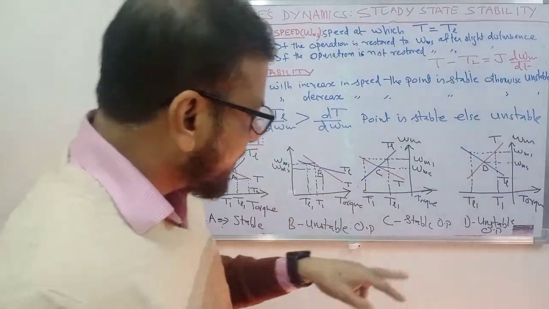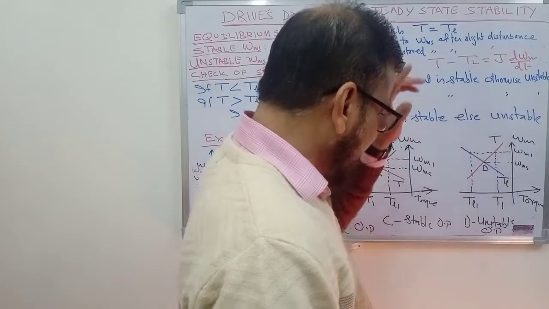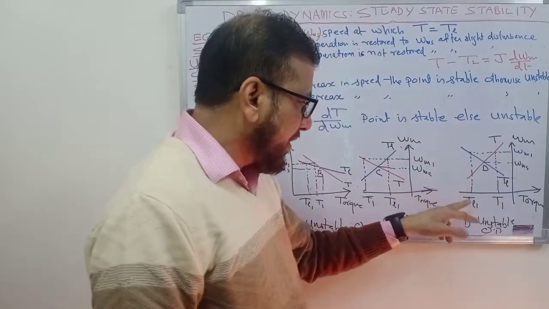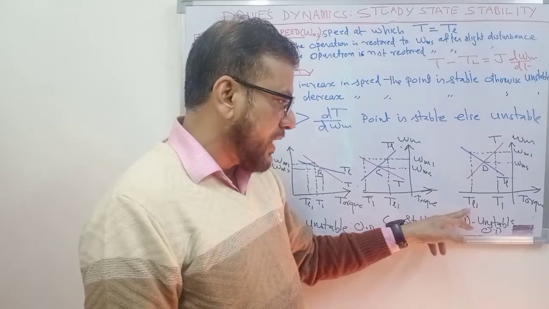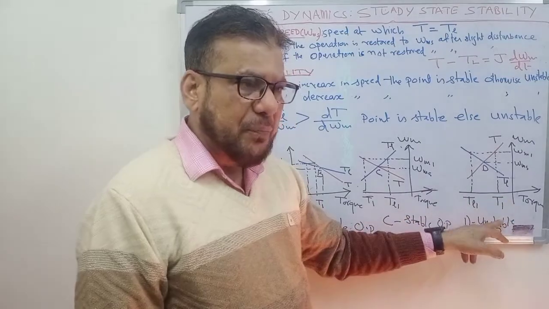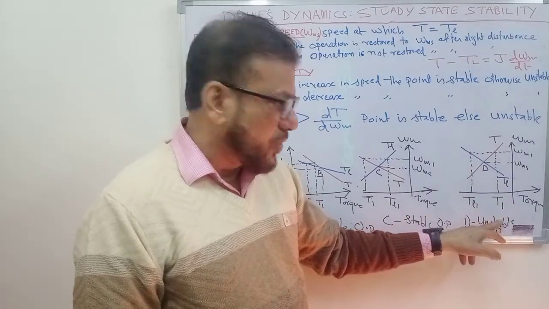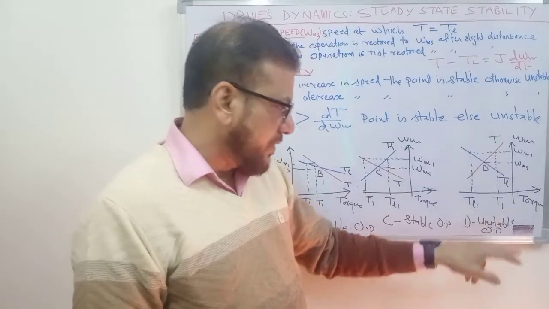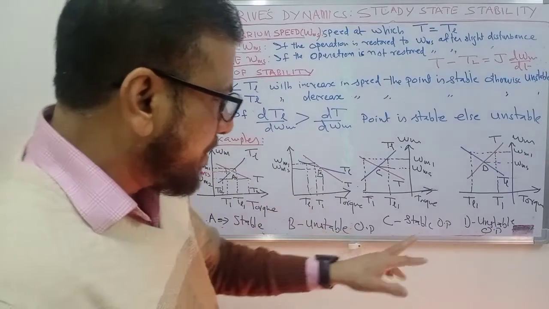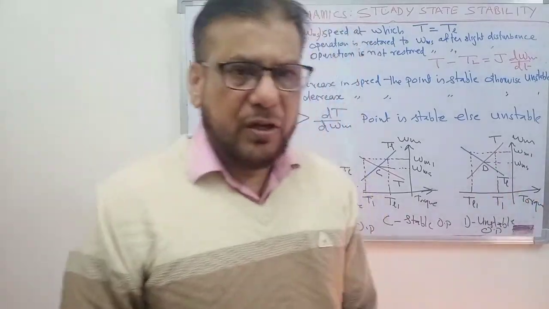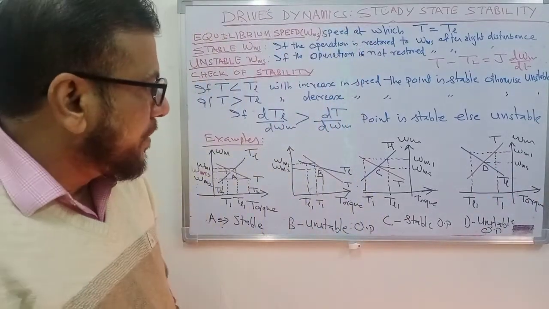But here, with the increase in speed, the magnitude of the driving torque, that is the load torque, has become more than the magnitude of the opposing torque or the braking torque, that is the motor torque, and the motor speed will never be restored. So you can say that point D is an unstable operating point.